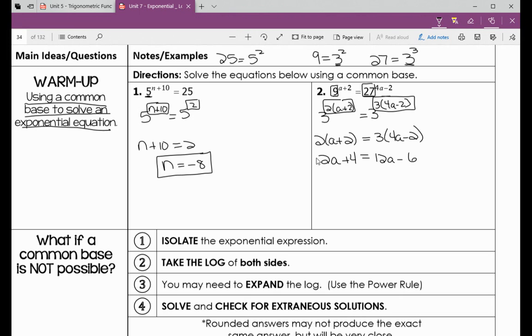It doesn't matter which way you go with your a's or your numbers. I'm going to subtract 2a and move it to the right. So that gives me 4 equals positive 10a minus 6. I'm going to add 6 to both sides. So that's 10 equals 10a. So a will equal 1 when you divide both sides by 10.